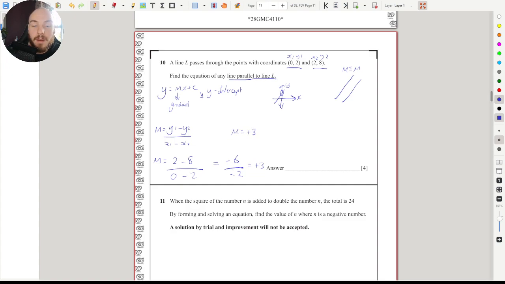Minus divided by minus gives us a plus. The more you know. So what we can do is put this into our y = mx + c formula. I don't need to write it out because I've already written it out, I just get into the habit of doing it. So it'll be y = 3x + c.